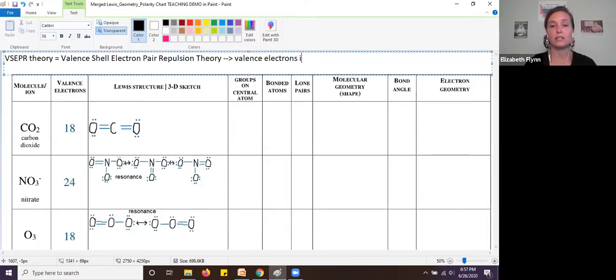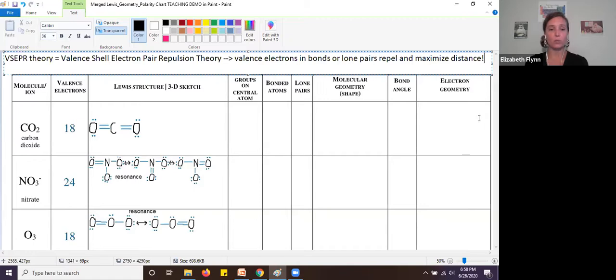So valence electrons in bonds or lone pairs repel and maximize distance between them. And so this tells us the shape of the molecules in 3 dimensions. And so shape is really important. Remember, we talked about the central theme in chemistry, one of the central themes where structure determines properties.